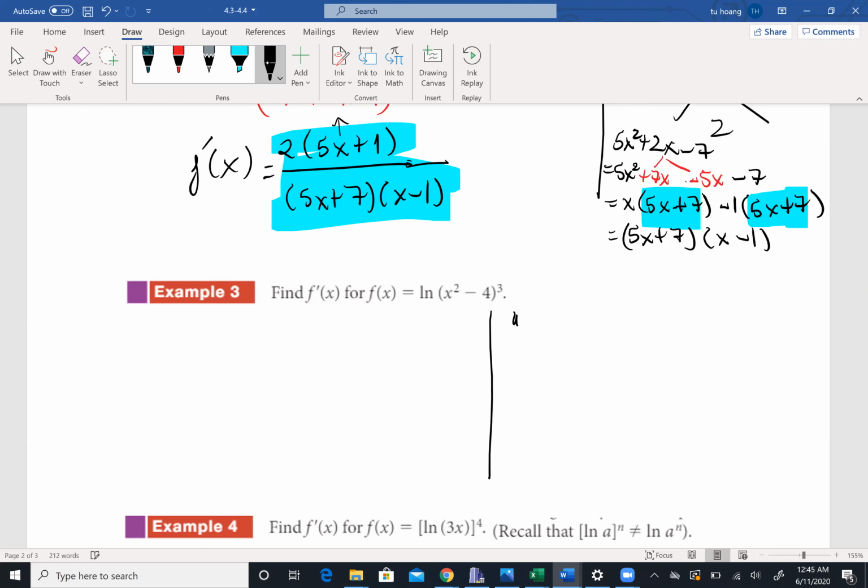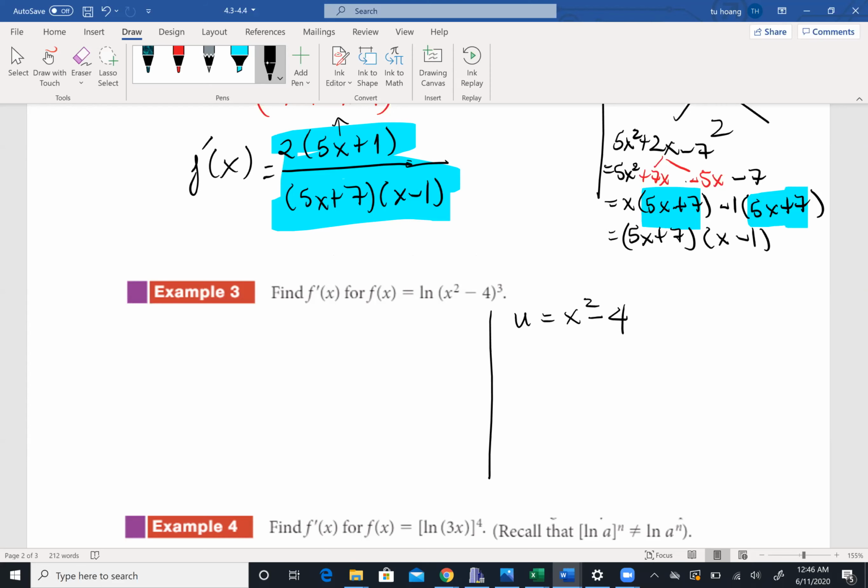So again, I'm going to put here the inside function is u equal to x squared minus 4. And also there is a power 3 here.